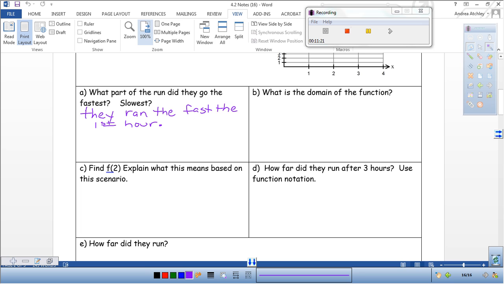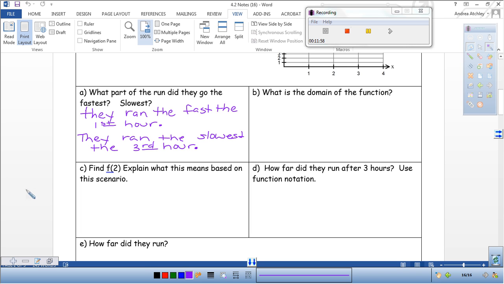Jasmine, when was the slowest? Donovan, when did she run the slowest? Or they ran the slowest? Okay, very good. They ran the slowest from 3 to 4.